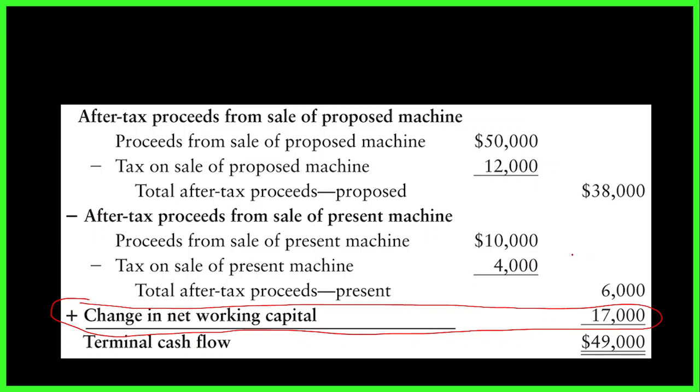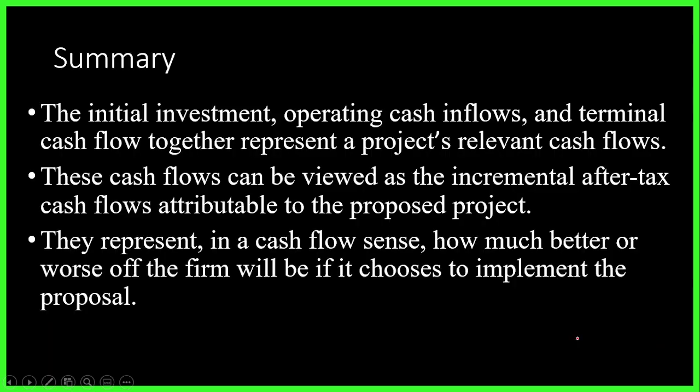Normally, nangyayari ito kapag wala ng book value pero naibenta mo pa siya. That's why the entire proceed is considered as a gain. So, pwedeng mangyari yun. And then, you have the net working capital. So, your total cash flow now will be 49,000 pesos coming from the liquidation. Okay po, so ayun, and we are almost done.